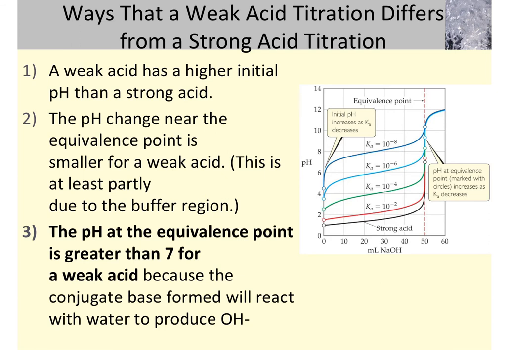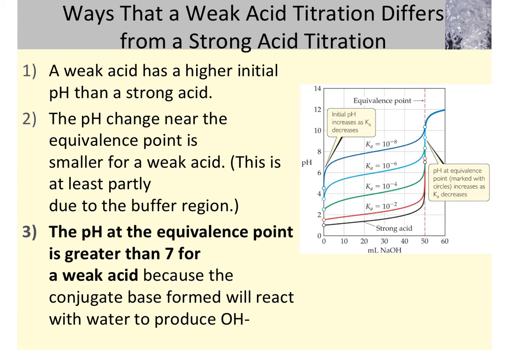So there are other ways that titration of a weak acid or weak base will differ from that of a strong acid or strong base, and the titration curve is an important difference. You should be able to recognize, given the shape of titration curves and the equivalence point, whether it's a strong acid/base or a weak acid/base.